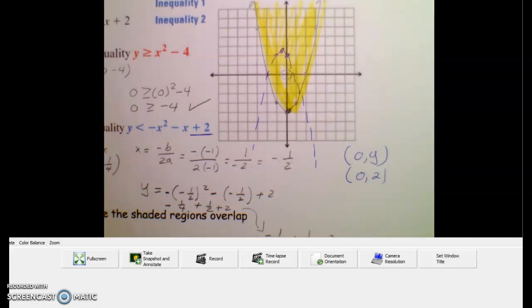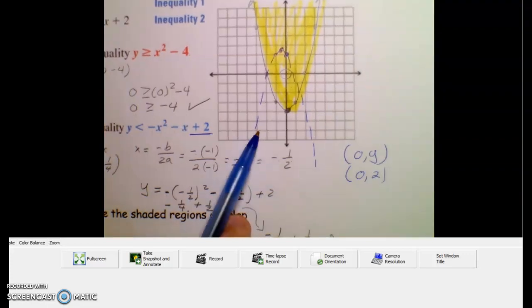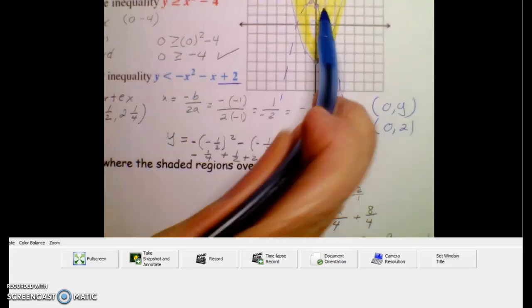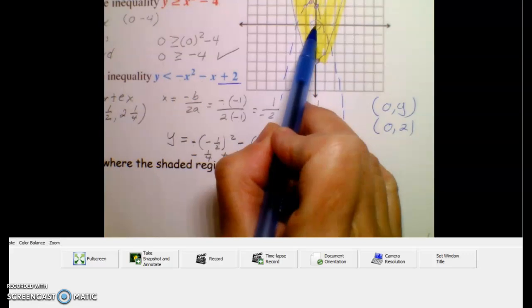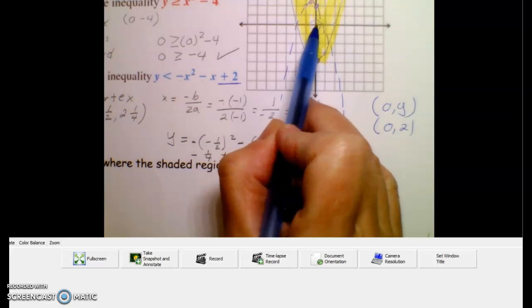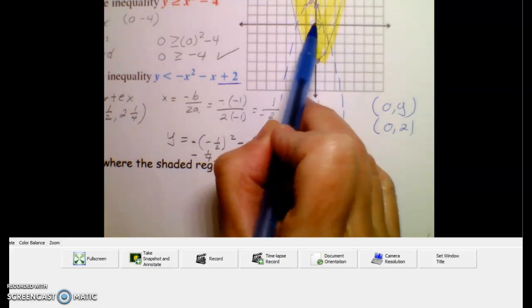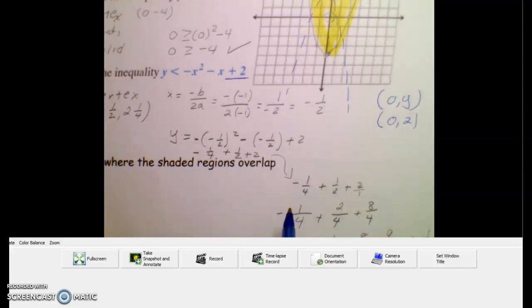Now I need to test that parabola and find out where my solution is. I'm going to test this point again because this point is inside that parabola. I want to know, is 0, 0 part of my solution? It's inside the parabola. So let's test it out.